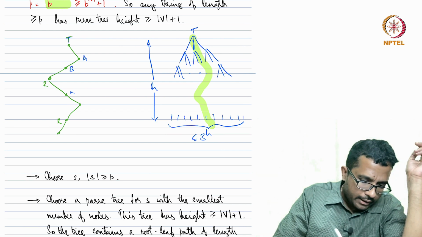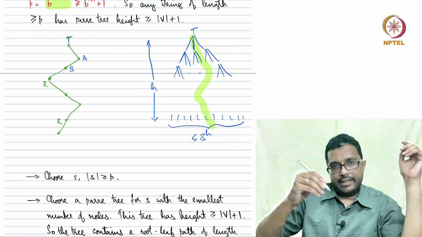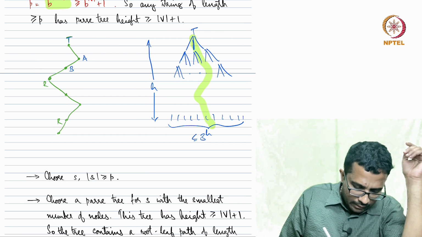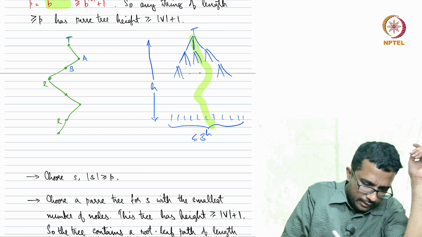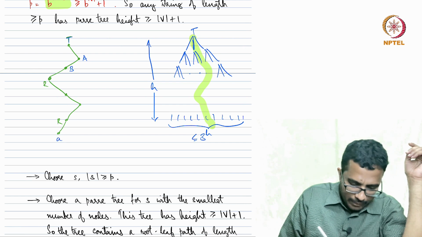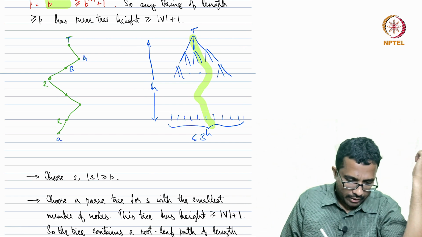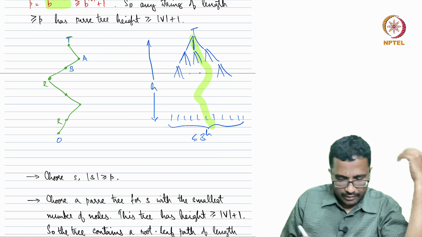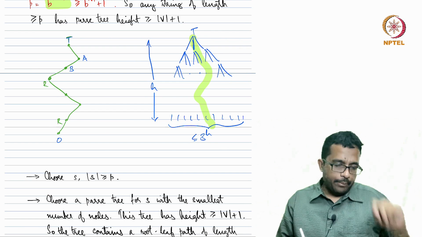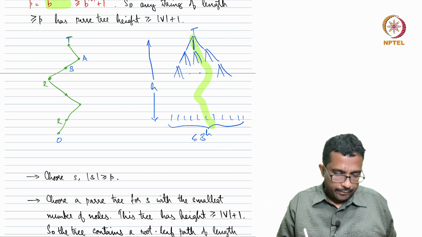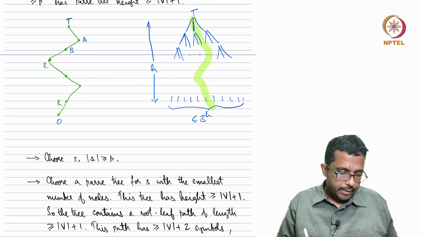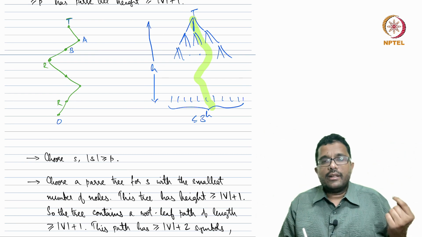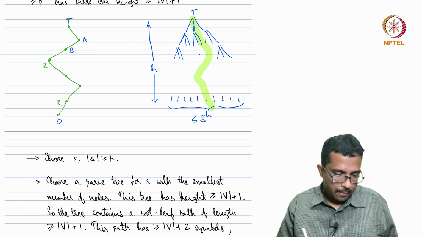So all the labels in this path are going to be variables, except for the last label, which will be some terminal, let's say a or 0. So in the path of length v plus 1, all the labels are variables except one, which is at the bottom.